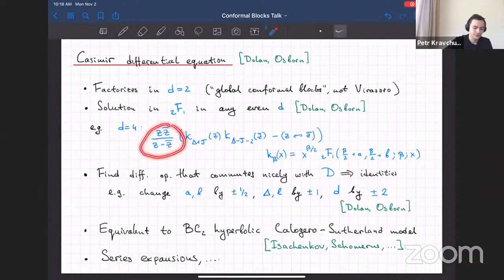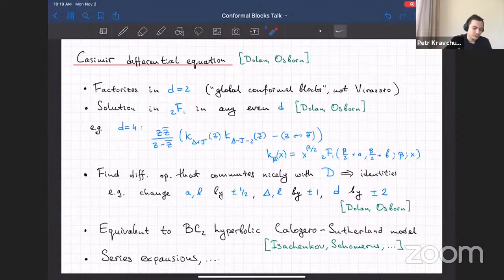There is some prefactor which is not factorized between Z and Z bar, namely Z times Z bar over Z minus Z bar. But then it multiplies a factorized function, which is one function of Z times another function of Z bar. And this k beta is just the hypergeometric function of its argument. So you can just plug this into the equation, check that it is satisfied, check that the OPE limit is satisfied, and this proves that this is the conformal block for scalars in 4D.